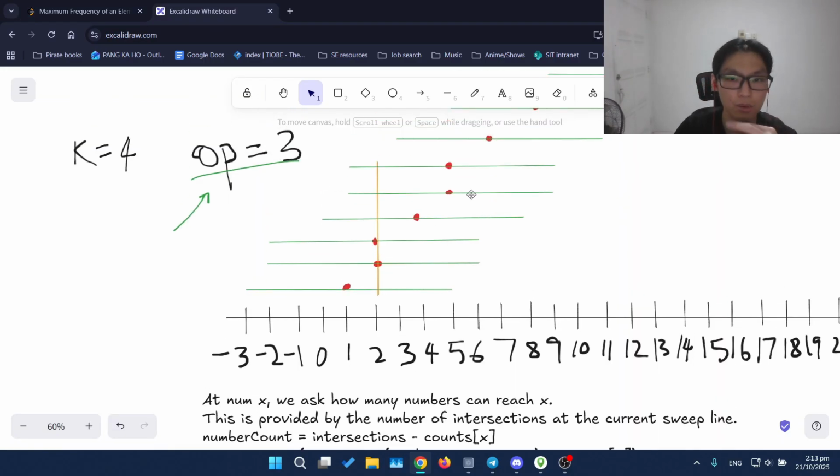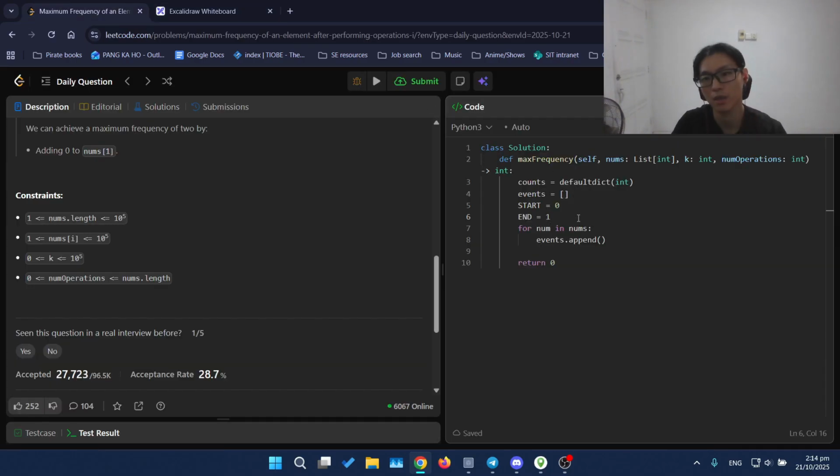Okay, what events do we want to process first? When is the end of the interval? End of the interval is actually n plus 1. I think we want to process the end events first. Yeah, okay, maybe not. Not entirely sure yet. Append num minus k.